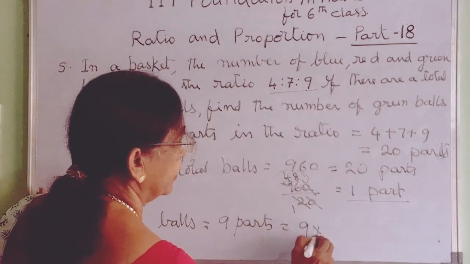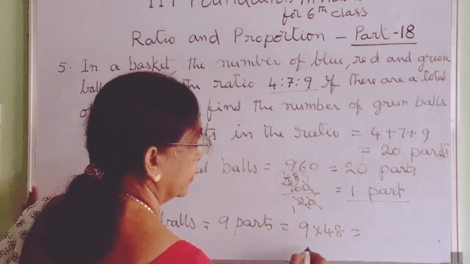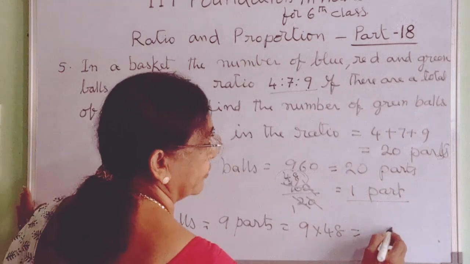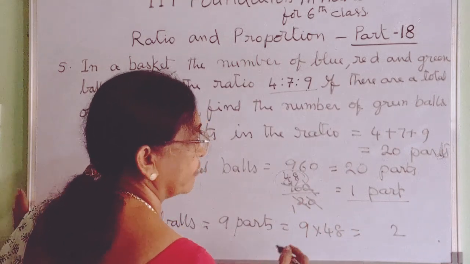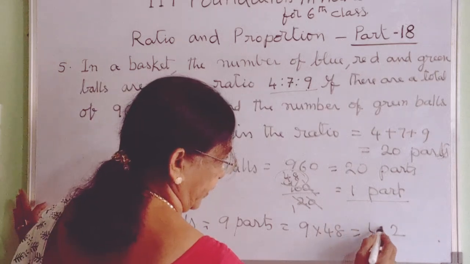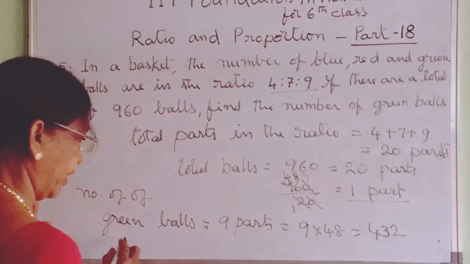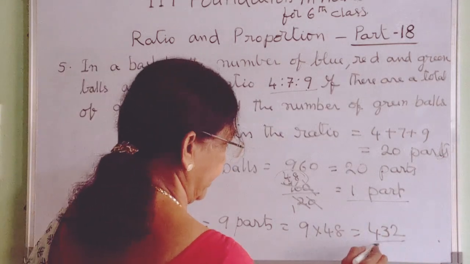So 9 into 48: 9 8s are 72, 9 4s are 36, 36 plus 7 is 43, so 432. So the number of green balls is equal to 432.